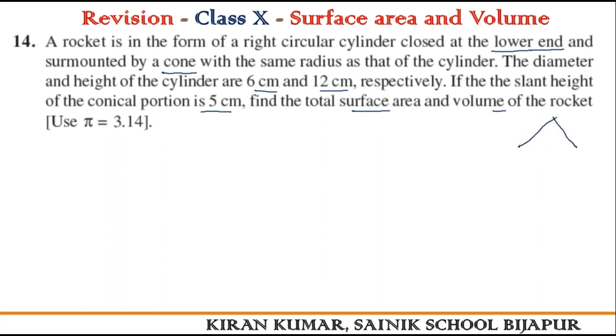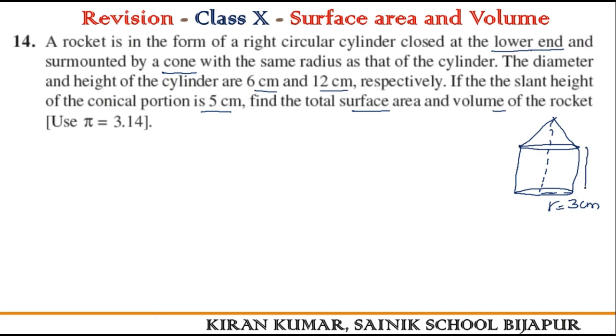It would look like this. It is a cylinder on that a cone is surmounted. When I draw a rough figure, it doesn't look proper, but then you need to adjust.